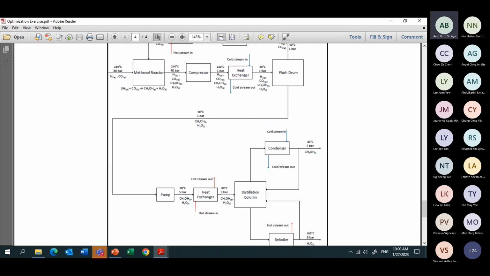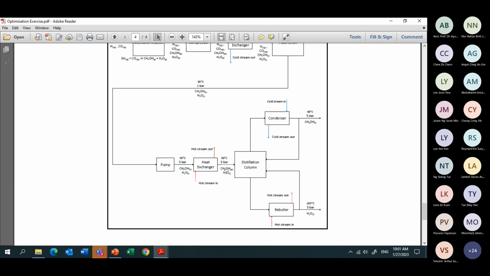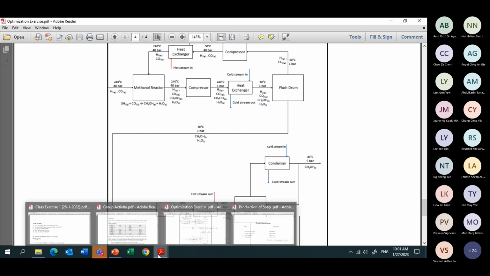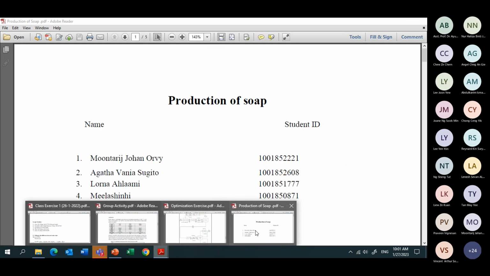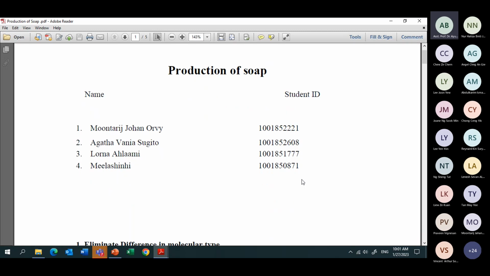Okay, so you identify two separation units over here, the flash drum and also the distillation column. Okay, good. Any question from the rest? Okay, no question. We move to the next, production of soap, Montarich group.